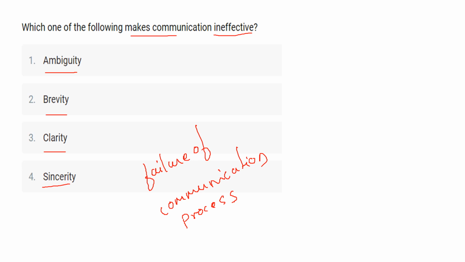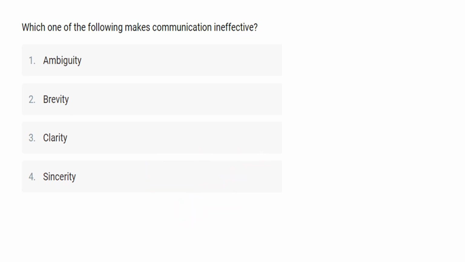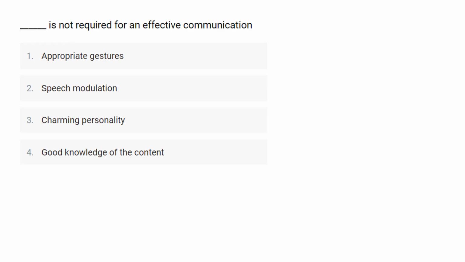The factors affecting effective communication are communication status, cultural differences, clarity of the message, choice of communication, channel, length of the communication, use of language, disability, the receiver's individual perception, atmosphere or noise, and lack of feedback. So here the example is language. If you are a sender and talk in a language that the receiver does not comprehend, communication will fail. So here the correct answer for this question is option number 1, that is ambiguity.